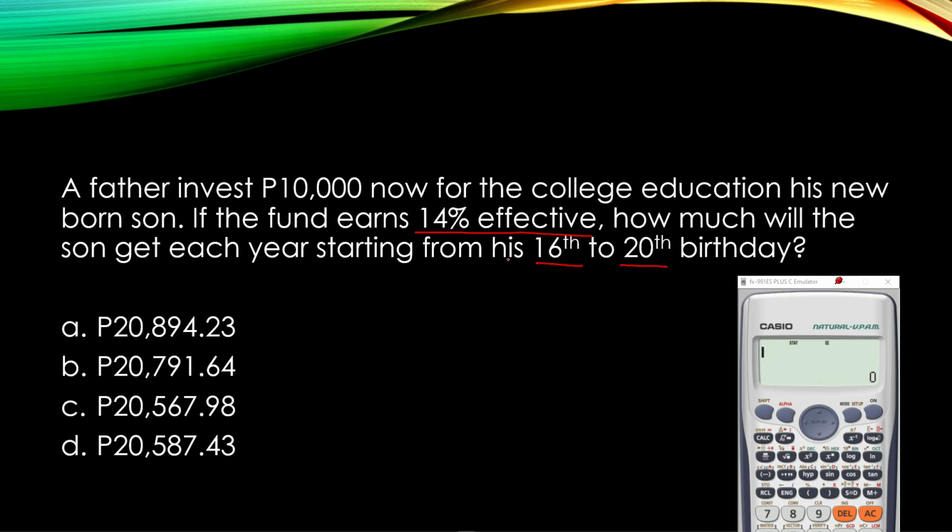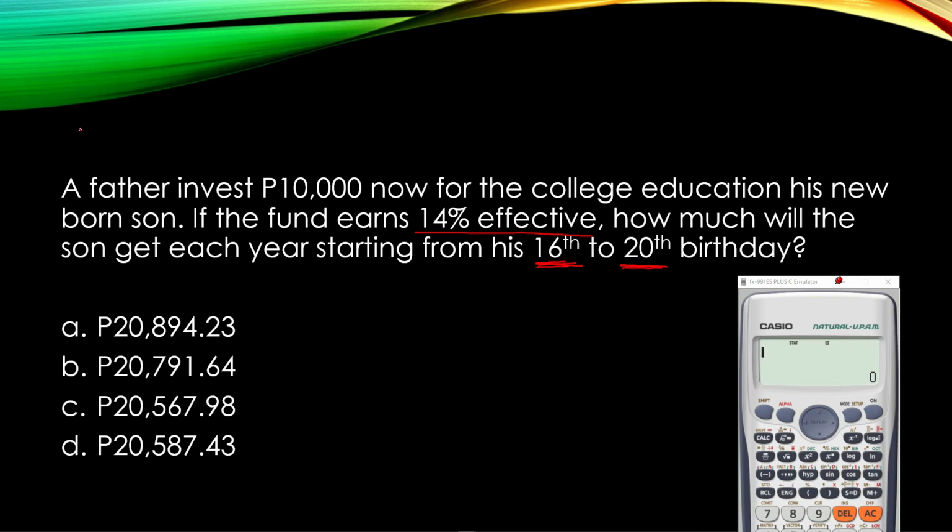Okay, so this type of problem is hindi na ito ordinary annuity. Okay? Yung kanina, ordinary annuity lang yun, pero ito hindi na ordinary annuity. Kasi nga, yung annual na marireceive niya is from 16th birthday pa to 20th birthday.